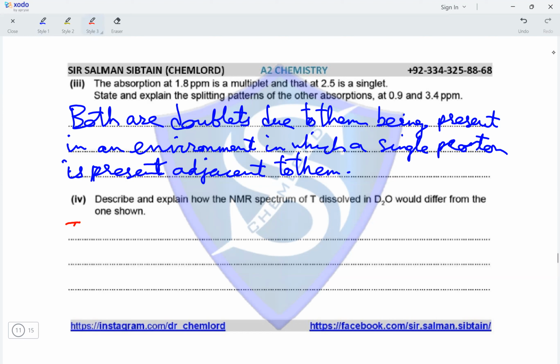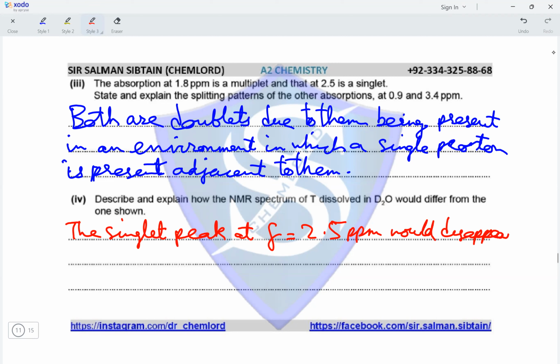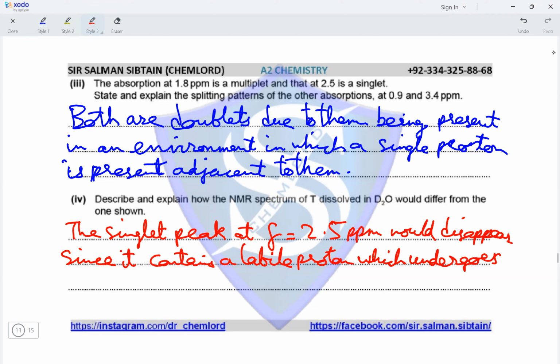So the singlet peak at delta equals 2.5 ppm would disappear since it contains a labile proton which undergoes proton exchange.